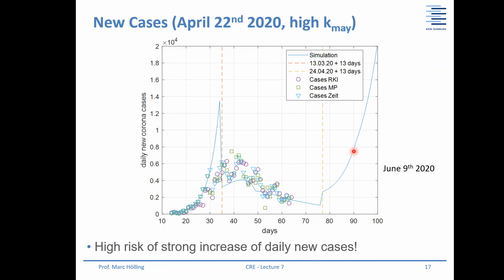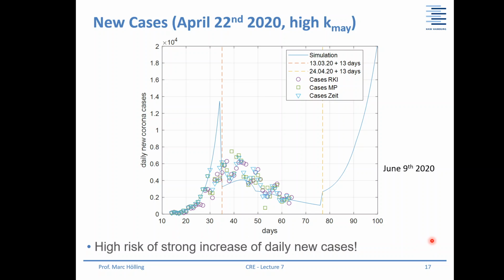If you then look at the daily new cases, then you can see that you will have a strong increase. So from my point of view, this is a little bit worrying. So this would mean if we end up very fast with like 10,000 new cases a day, then this might become a little bit tricky for our hospitals.